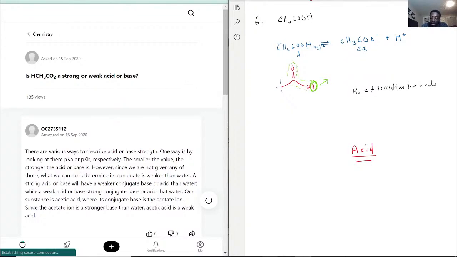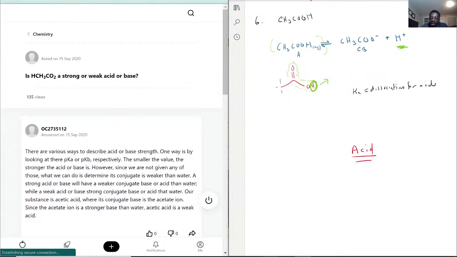Now for Ka, the greater the Ka, the stronger it is at dissociating, as in separating, making it a stronger acid because it's able to form more, in this case, hydronium. The greater the Ka, the more this thing splits apart, and because it's splitting apart, there are more protons floating in the solution.